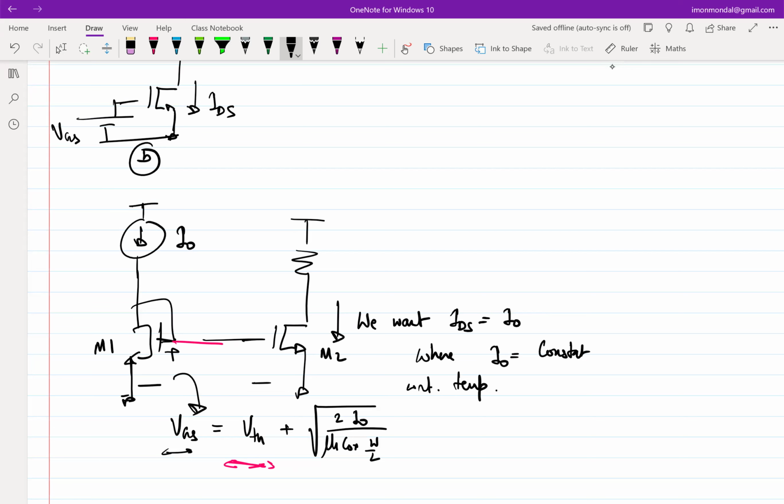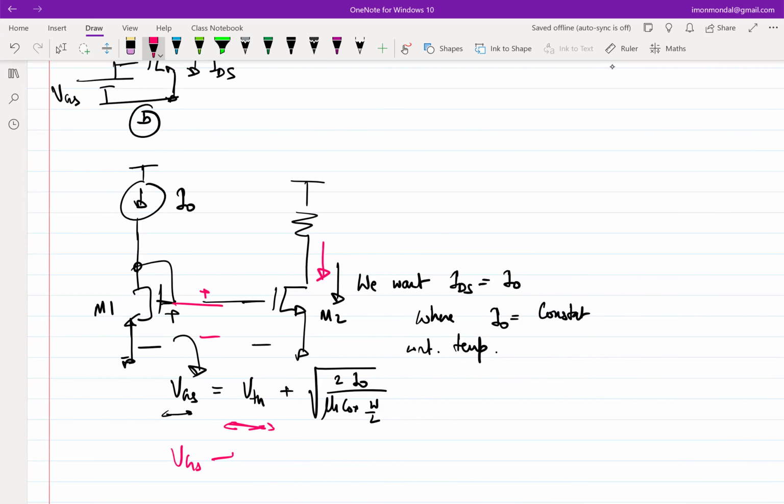So if that is the case, now let's assume that the threshold voltage has changed by 100 millivolt. What do you think is going to happen to this VGS? It will change by the same amount. So what do you think will happen to this current? Will it change? It will not, because the overdrive is remaining constant, right? What is the overdrive? Overdrive is VGS minus threshold voltage.